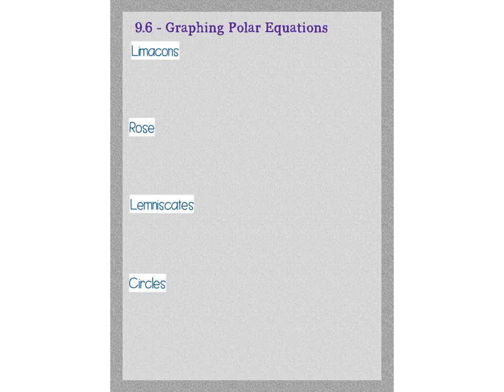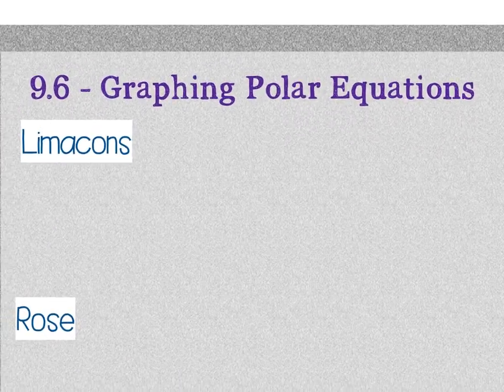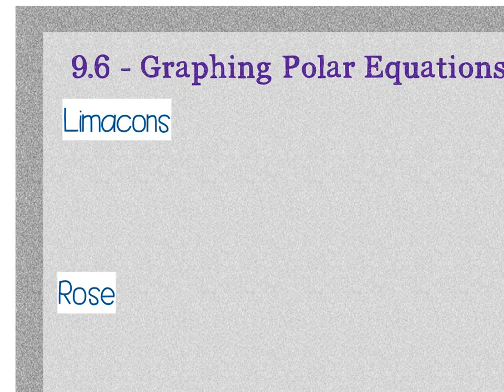Okay, so then 9.6 was all those graphs, right? The first thing you're going to do is figure out which of the 4 different kinds of graphs it is, and then depending on the type of graph, you have to give more information. So you're going to get an equation. If it's a limaçon, you're going to go even more narrow, and tell me what kind of limaçon it is.